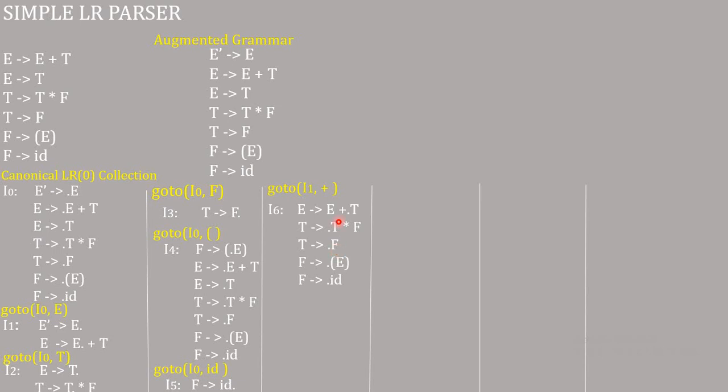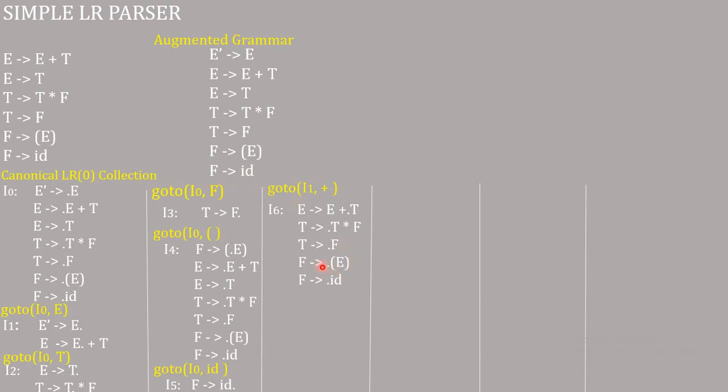Now again check for the possibility of closure operation. Here the dot is followed by T. Of course it is a non-terminal, but this T we have already processed, and we have already computed its closure. The next one is dot F. Dot is followed by a non-terminal, so we have to apply the closure operation and include all the productions of F from the augmented grammar: F tends to open bracket E closed bracket and F tends to ID.